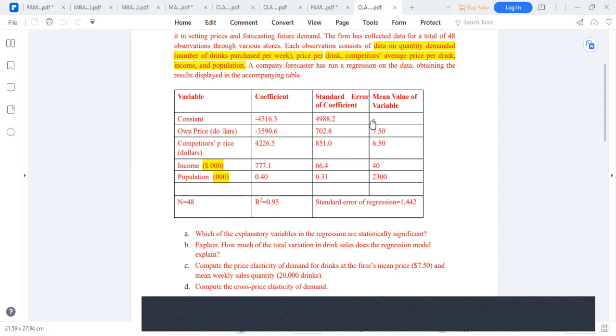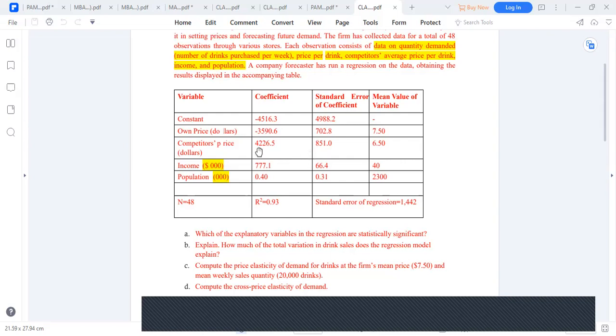So let's calculate the t values by getting the gradient over the standard error. We're just dividing this by that, and we get the t value. Then when we go to price, we divide 3590.6 by 702.8. When you divide that, we're going to get our statistical value, which is negative 5.1.